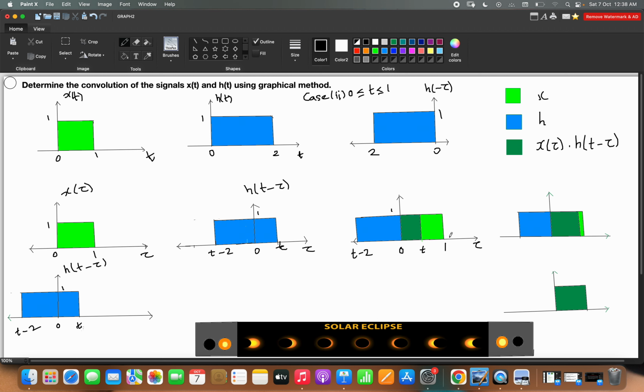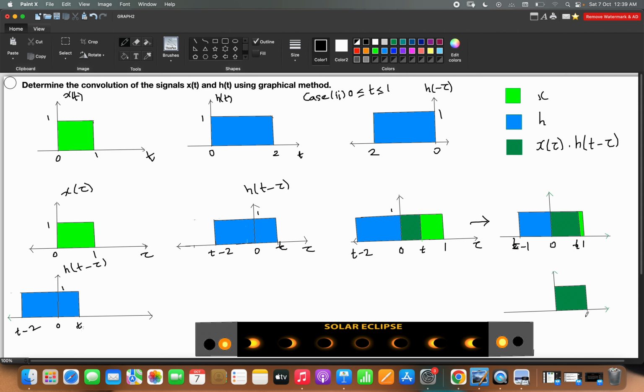So here, after a few seconds, or after a few portions of a second, it will be like this. Since this portion is shifted towards the right-hand side, the overlapping region will start to increase. And this is the case where the value of t is very close to 1. So if you consider this case, the overlapping region will be like this.